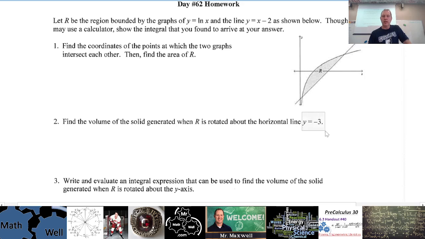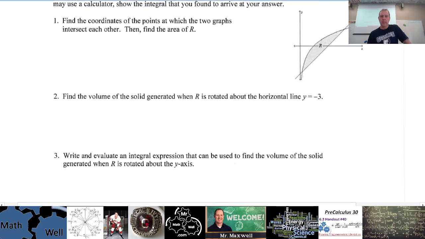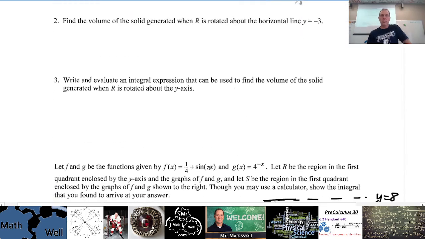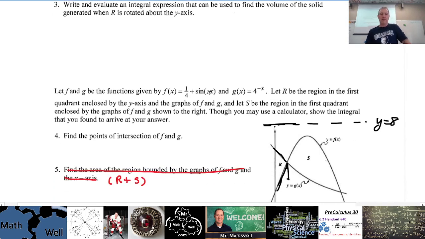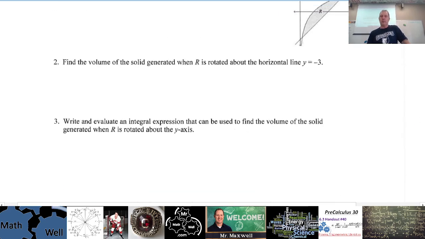These are rotated about either the x-axis or a y equals line. Now here is talking about rotated on the y-axis. You can just ignore that for now, and work on the ones that rotate about a y equals line.